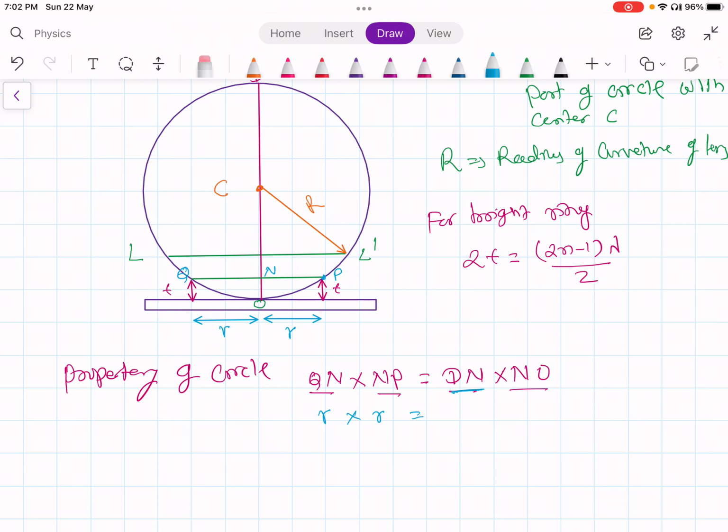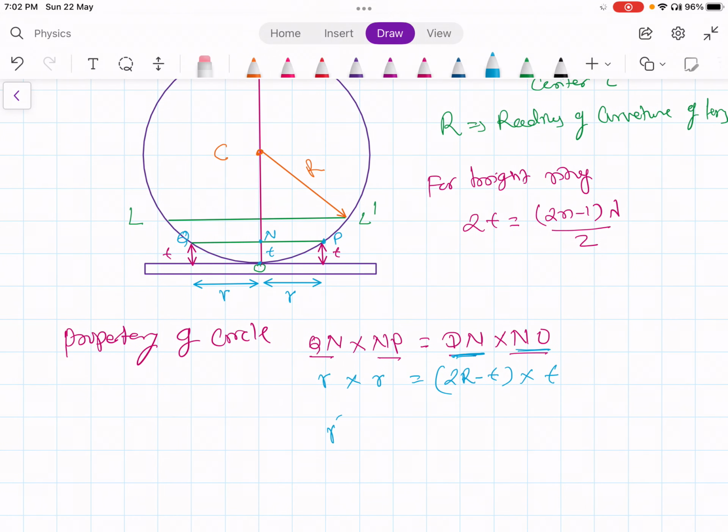This DN is actually 2R minus t, because the thickness from this point to this point is t. So DN is (2R minus t) into NO. NO is t.